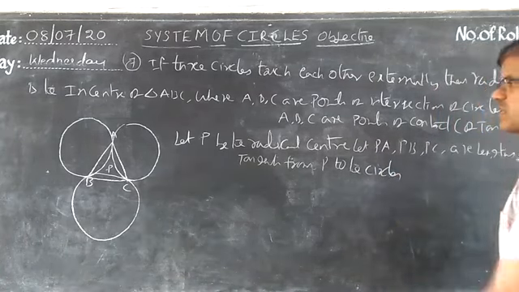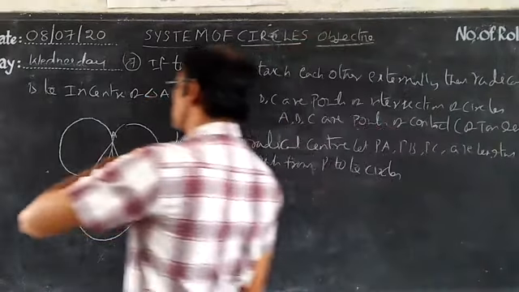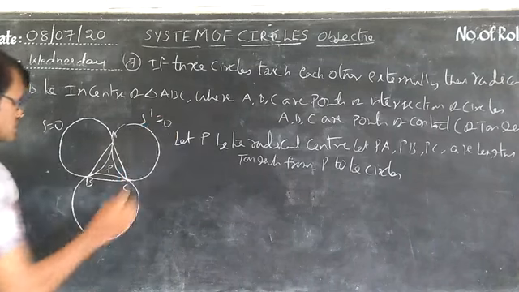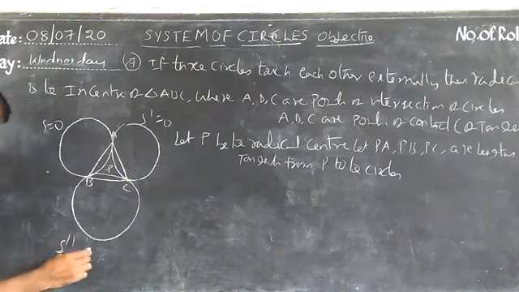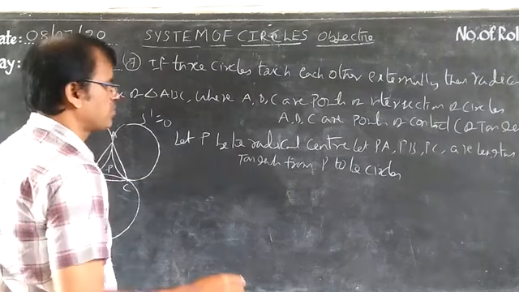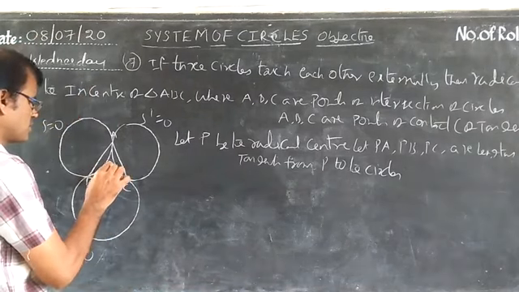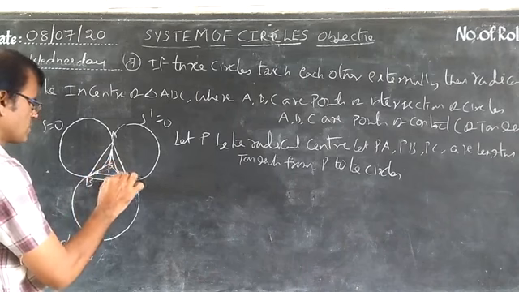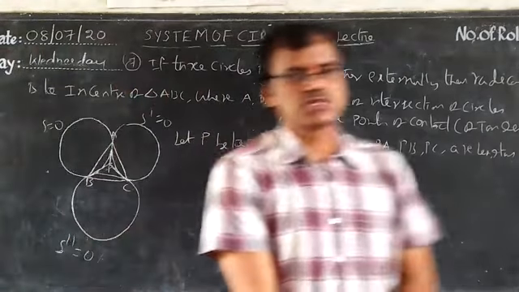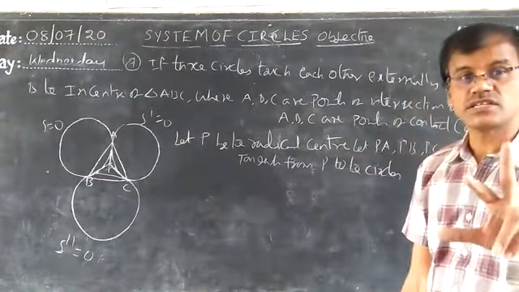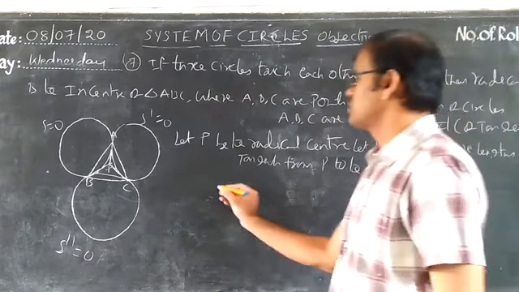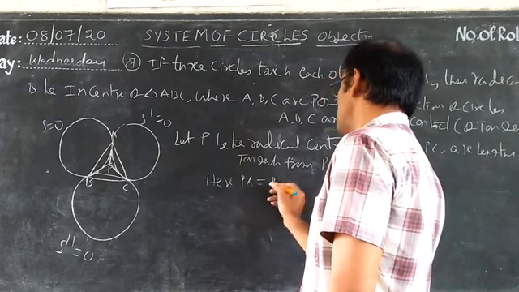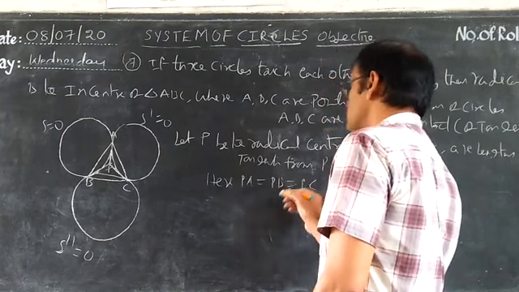Simply write circles, because circles means S equal to 0, S dash equal to 0, and S double dash equal to 0. So you write PA, PB, PC. We have learned that there exists a unique point such that the lengths of tangents are equal. Here L1 equal to L2 equal to L3 means PA equal to PB equal to PC.